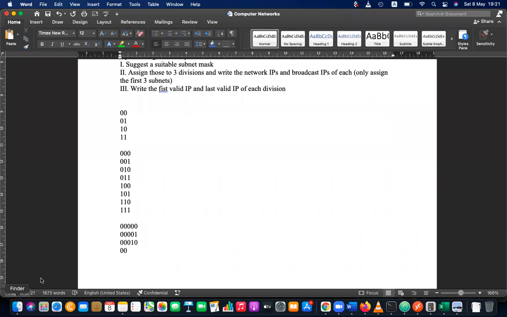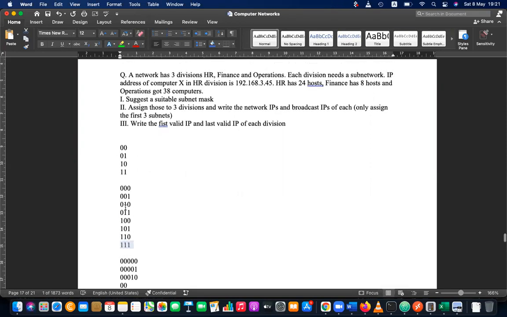But from the 32, the top and bottom two go, right? The first address is reserved for the network, the last address for broadcasting. Then 30. 5 bits gives 30. 6 bits gives 62. 6 bits means 64, 2 to the power 6 is 64, but the top and bottom addresses go, so 62 remain. So you need at least 6 bits.